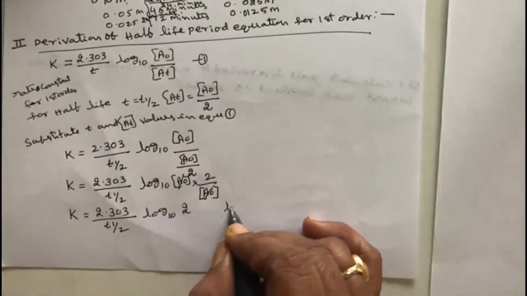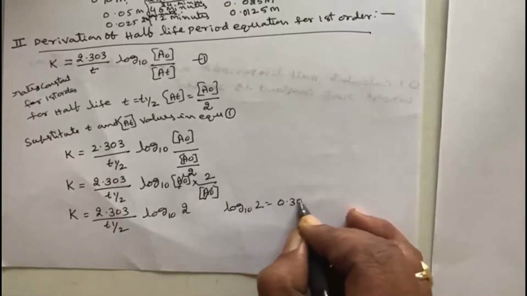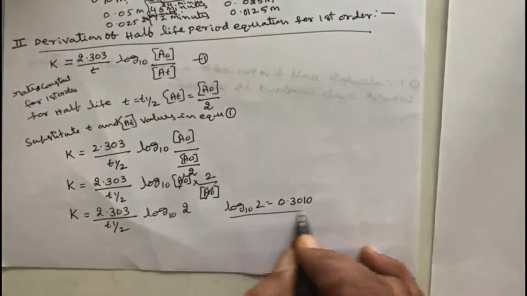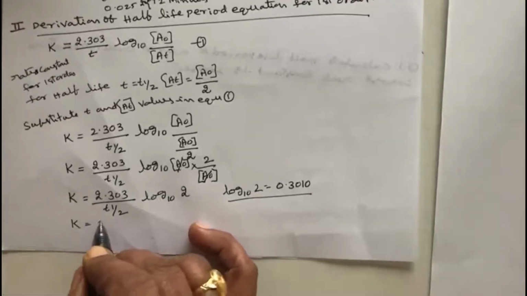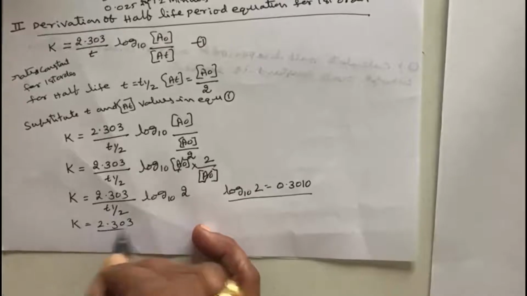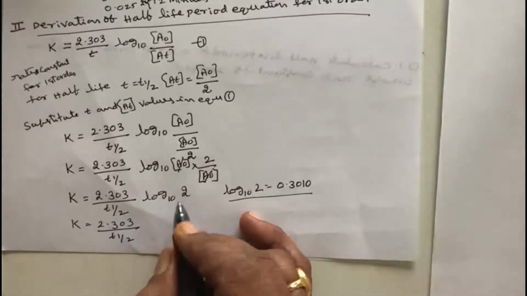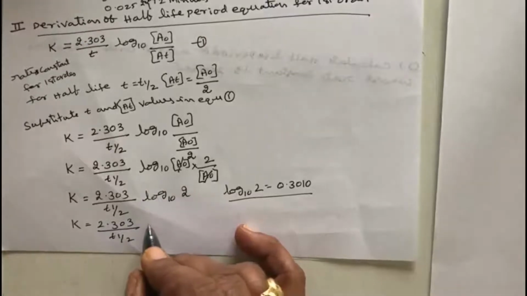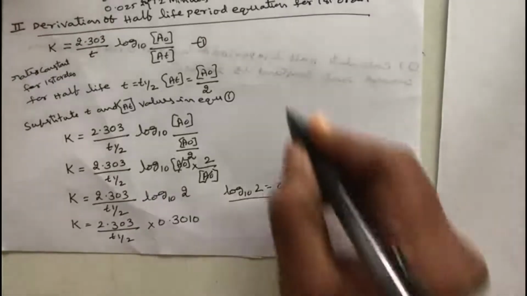The value of log base 10 2 is equal to 0.3010. Substitute this value in the equation. We write K equal to 2.303 by T half, instead of log base 10 2, we write 0.3010.